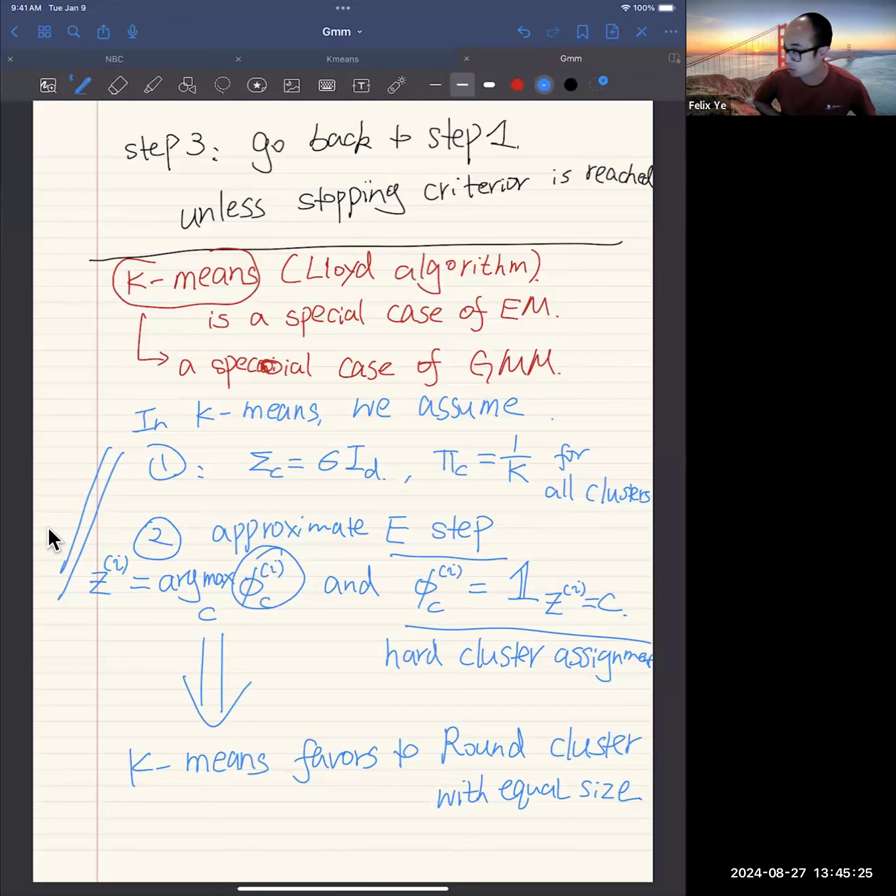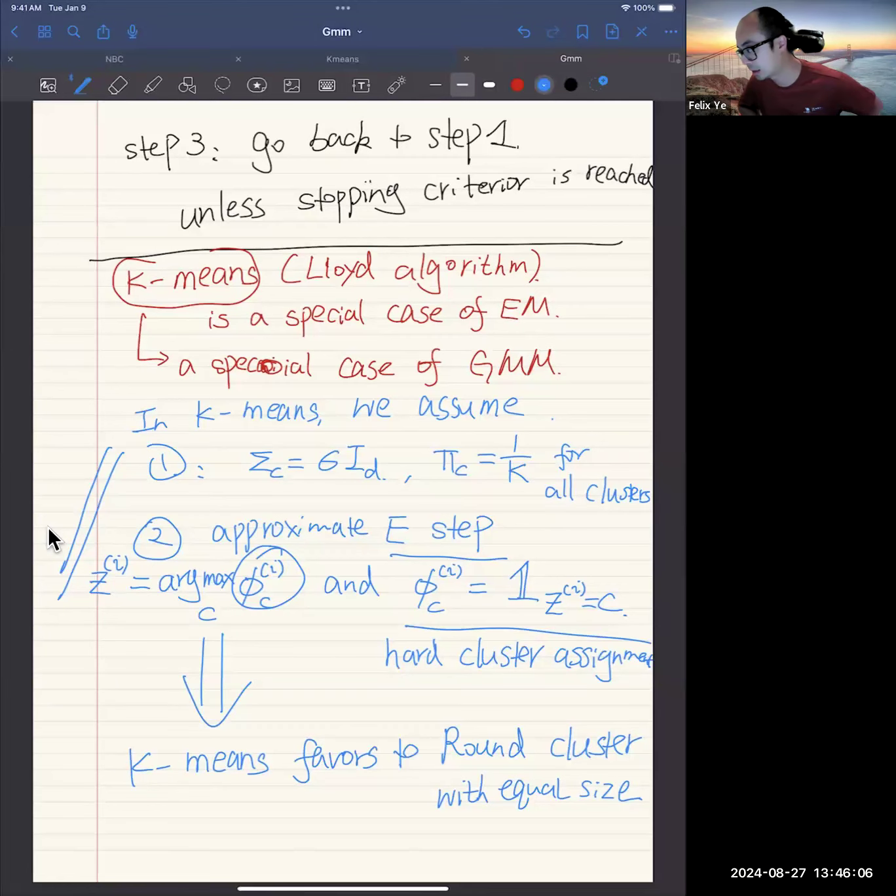Basically k-means is essentially a special case of the Gaussian mixture with these two special assumptions that we impose. And of course, if we make such simple assumptions, we can have this analytical solution of the M step, and everything just reduces to k-means alternating optimization schemes. But as a result, k-means only favors round clusters with equal sizes. So that's why in many cases it won't work very well.